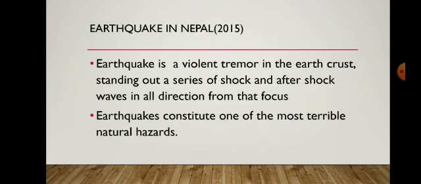A tremor is slight shaking. So you can see here there was a violent shaking in the earth's crust, and after that it sends a series of shock and aftershock waves in all directions from its focus.